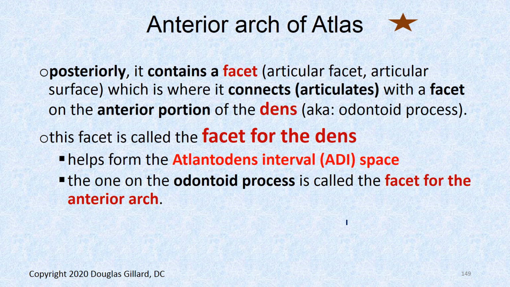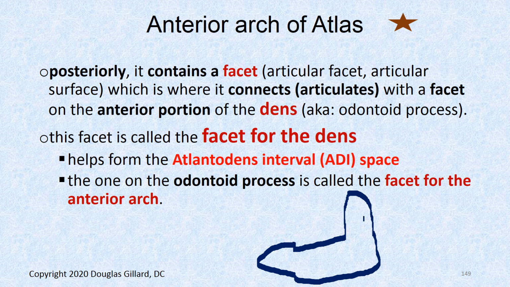Posteriorly, it contains a facet. So there's a little articular pad of cartilage on the posterior portion of the anterior arch. Take a wild guess what that connects to. That connects to the dens, right? So here's kind of the dens like this. There's a spinous process back there.